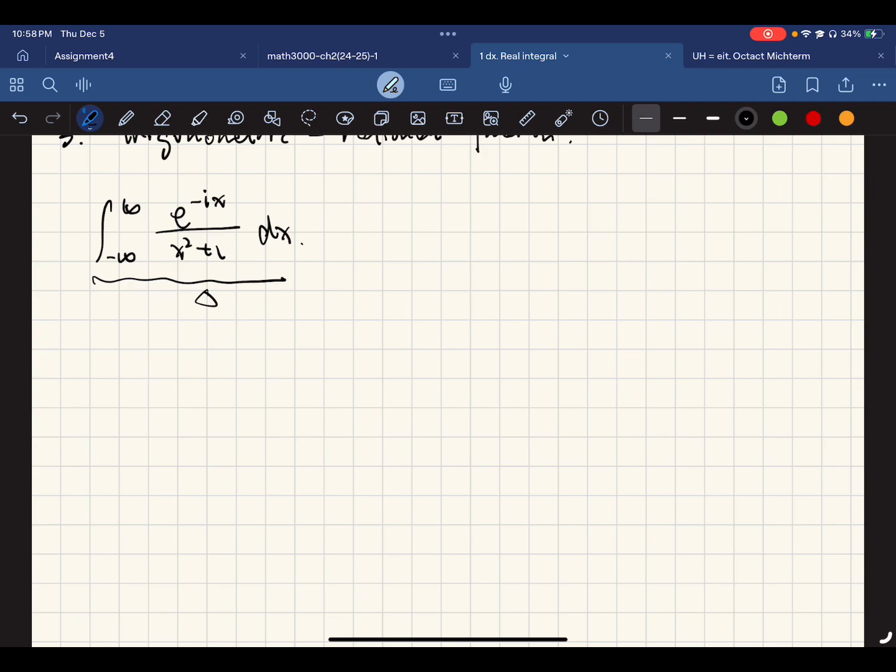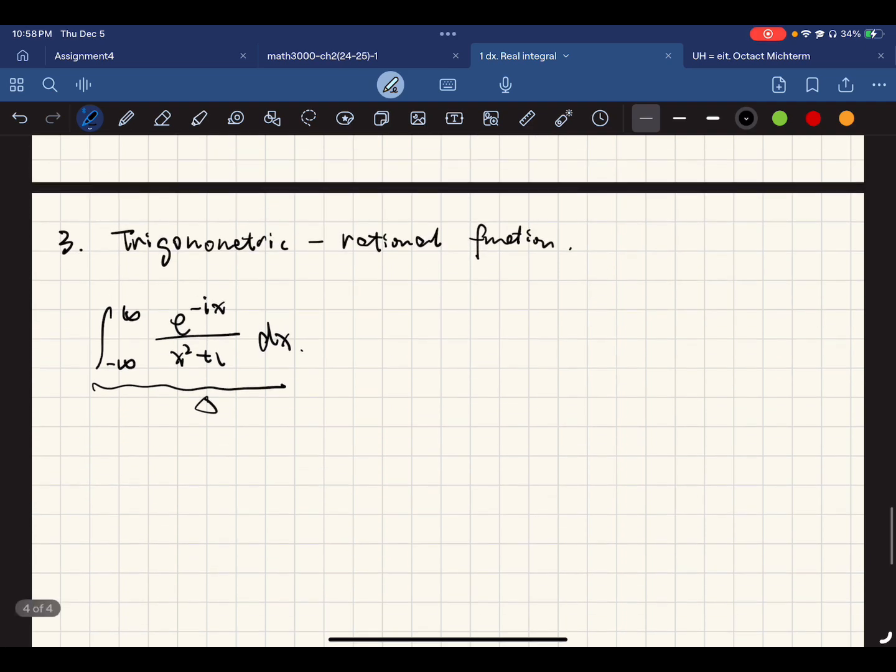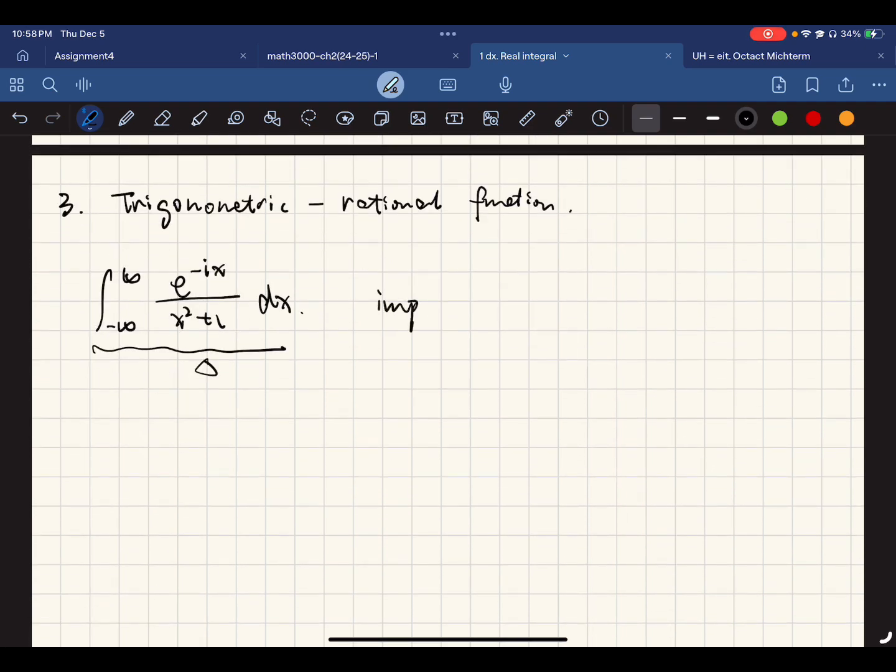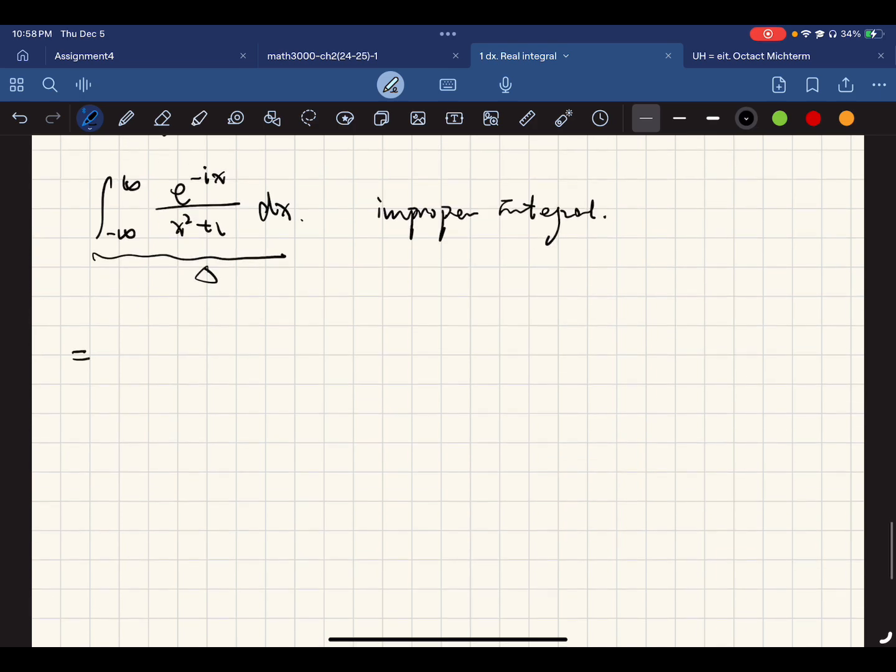Okay, this is what we call the improper integral. We can write it as the limit as R tends to infinity of the integral from negative R to R of e to the ix over x squared plus 1 dx.